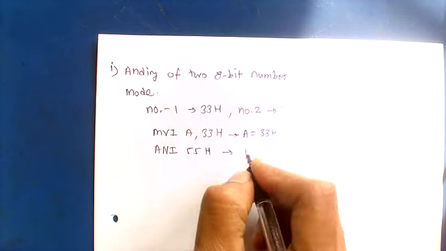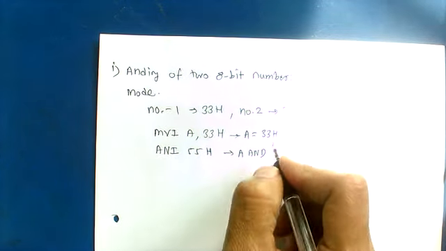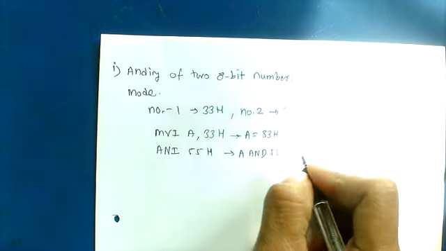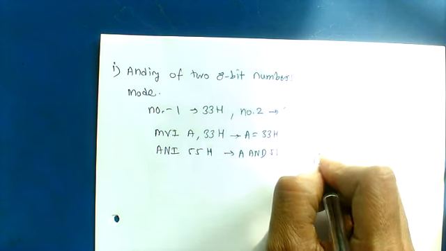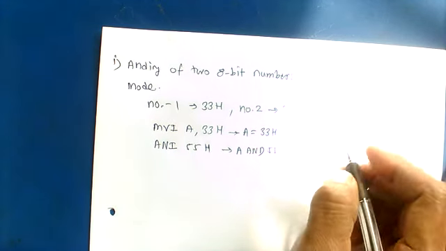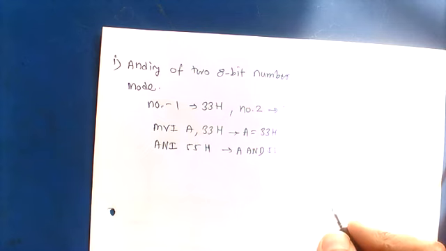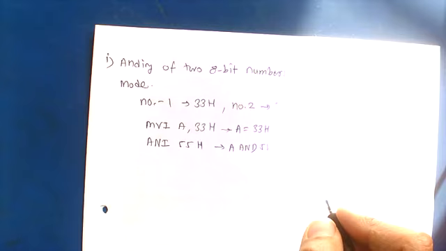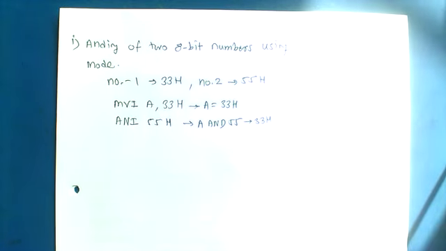Its operation is accumulator content ANDed with 55 hex, that is 33 hex logical ANDing operation with 55 hex.